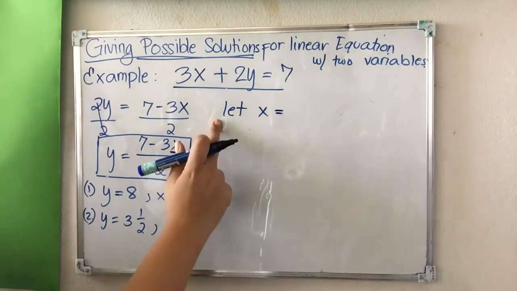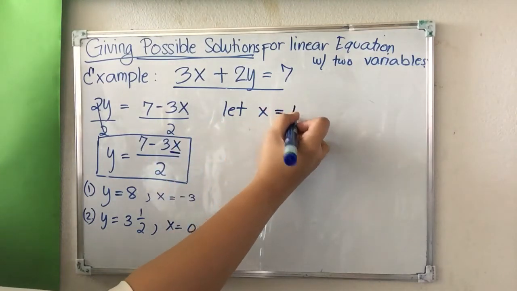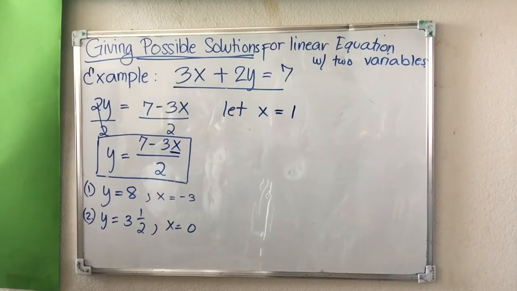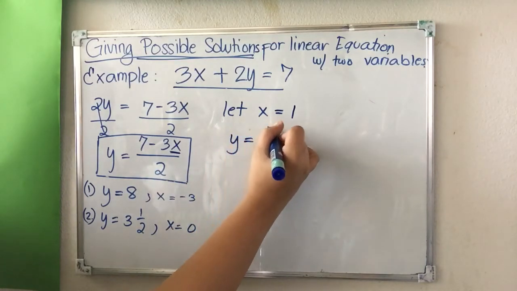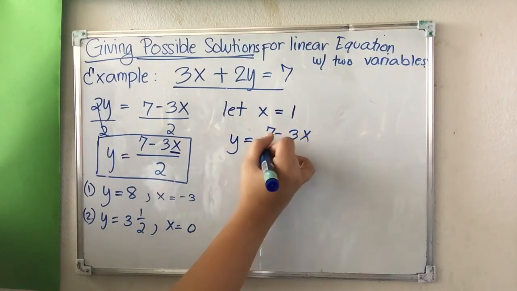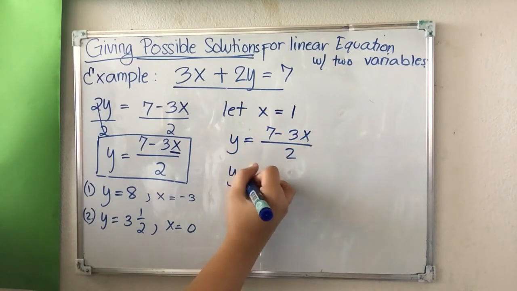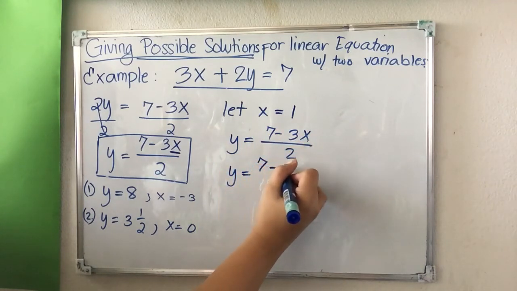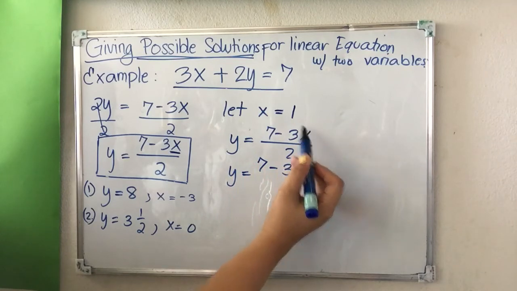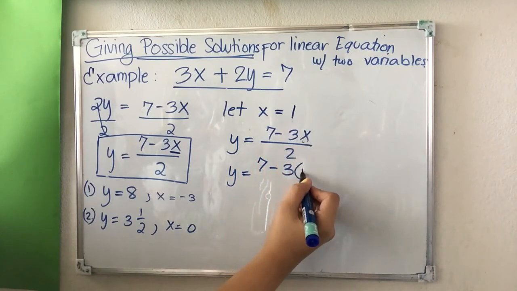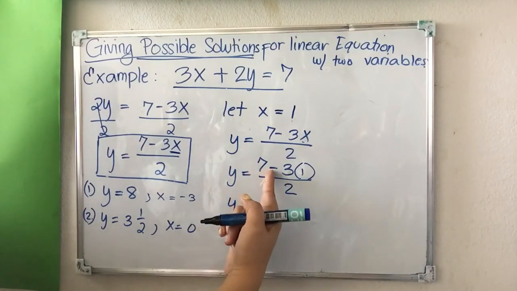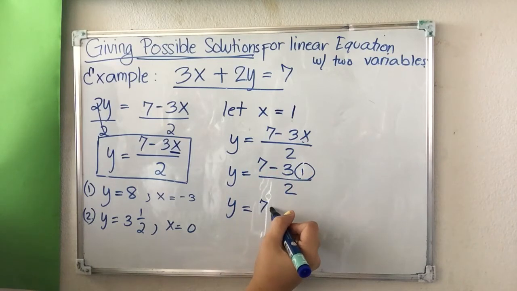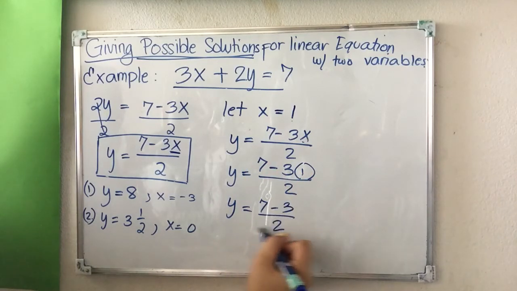Now how about let x is equal to 1. With the same equation, y is equal to 7 minus 3x over 2. Now substitute the x with the value 1. Y is equal to 7 minus 3 times 1, that is 7 minus 3 over 2.